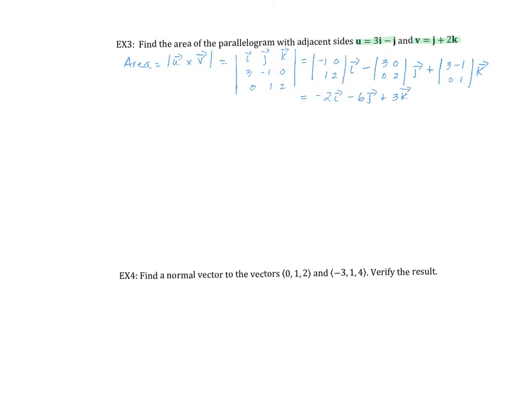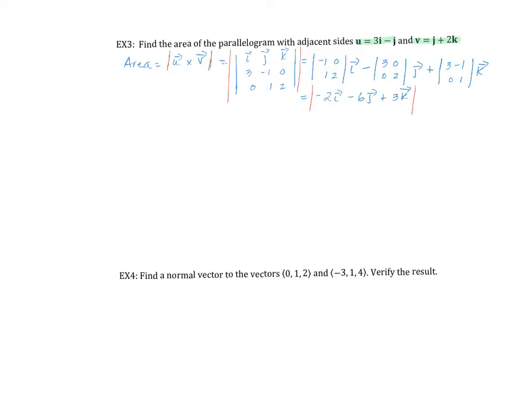So I have my cross product, but I need to figure out the magnitude of this cross product. So really what I'm looking at is figuring out the cross product and then taking the magnitude, right? So I need to take the magnitude of this vector.